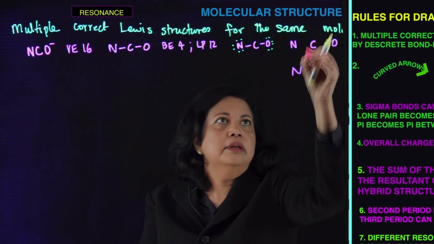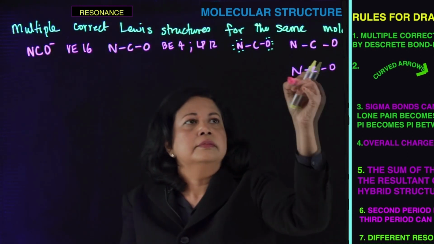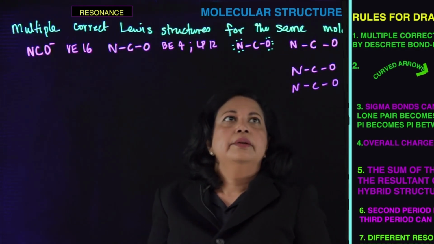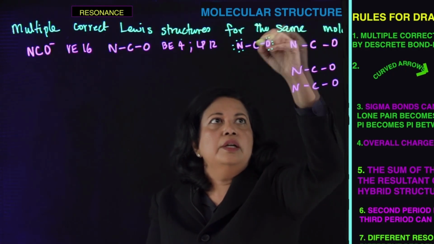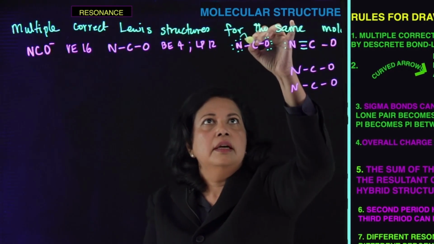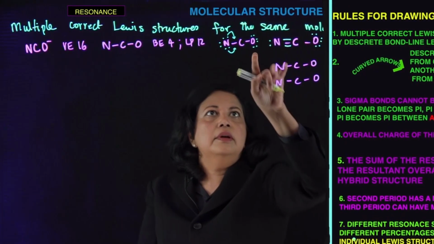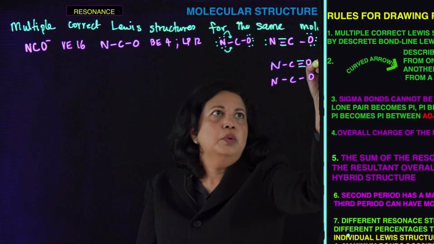I'm just going to do that. Over here, let's do 2 from the nitrogen, so 1 left. Or we can do 2 from the oxygen, 1 left.